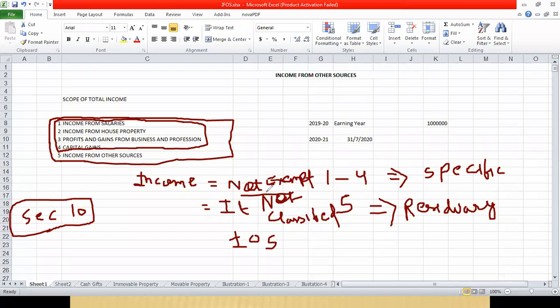It is not an exempt income, or in other words, it is a taxable income, and that income cannot be classified under any of these 4 specific heads of income. Then we will say that it is income from other sources, which means it is a residuary head of income. Such income which cannot come under these 4 heads will come under the 5th head of income.